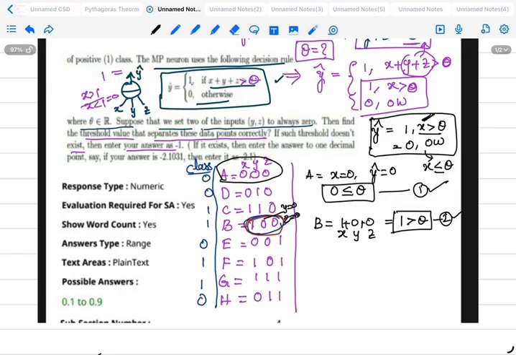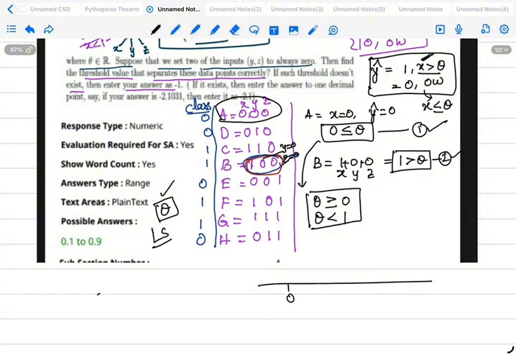They mention in the question that the data points are linearly separable. Only when the data points are linearly separable can we find the threshold value theta. LS means linearly separable. So from these two conditions, we find the threshold value. 0 less than or equal to theta means theta is greater than or equal to 0, and 1 greater than theta means theta is less than 1. So theta equals 0 is included, and theta is less than 1.